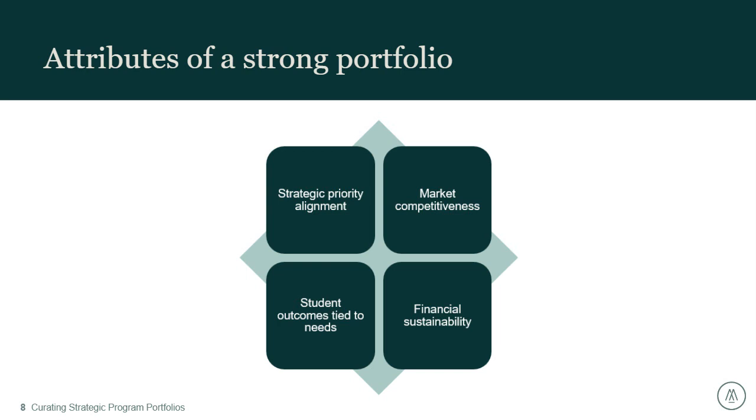The other is, what are the other institutions in your radius offering? Another example: in one geographic area I worked with a number of years ago, there were 5 universities, all within about a 45-mile radius.